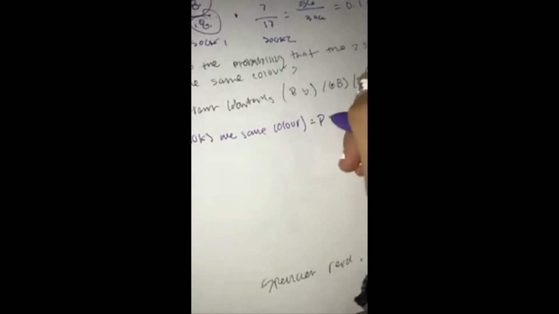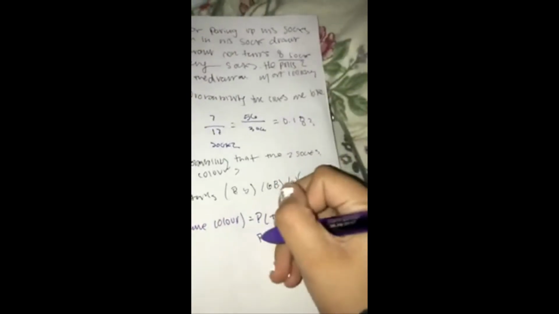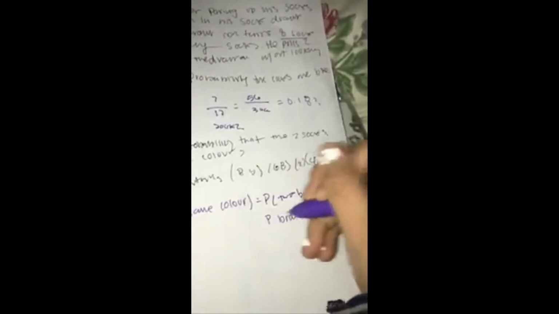And then I'm going to put P, 2 blue socks. Okay, I'm running out of space. And then we're adding plus P, 2 brown socks. So we're listing every color that we have, which is blue, brown, and gray.